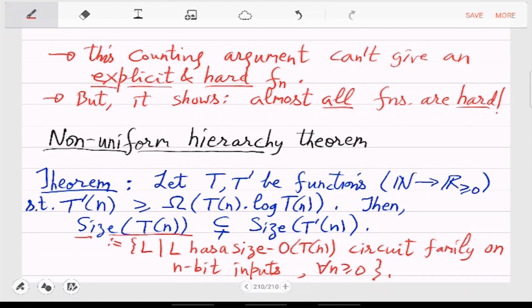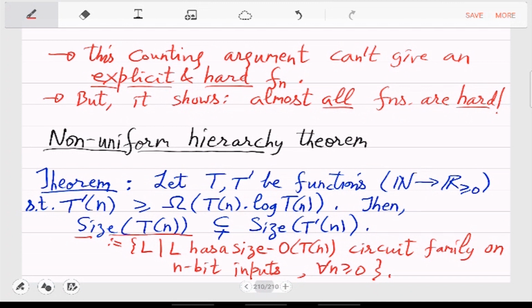What we are claiming here is that, using the above two observations, upper bound and lower bound, we can show that for a slightly larger circuit size, you can solve more problems.